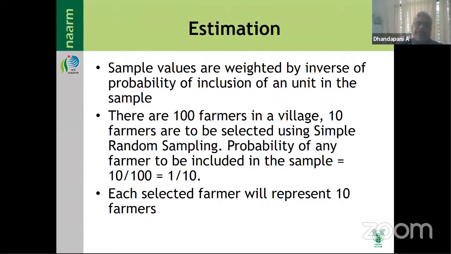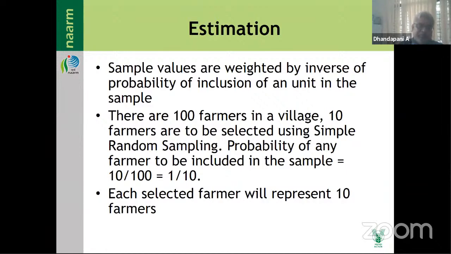But in stratified or multi-stage sampling with unequal probability, you'll have to calculate this inverse of the probability of inclusion. Basically, what this weighting means: suppose there are 100 farmers and you are selecting 10 farmers. In simple random sampling, the inclusion probability is 10 by 100, or 1/10.